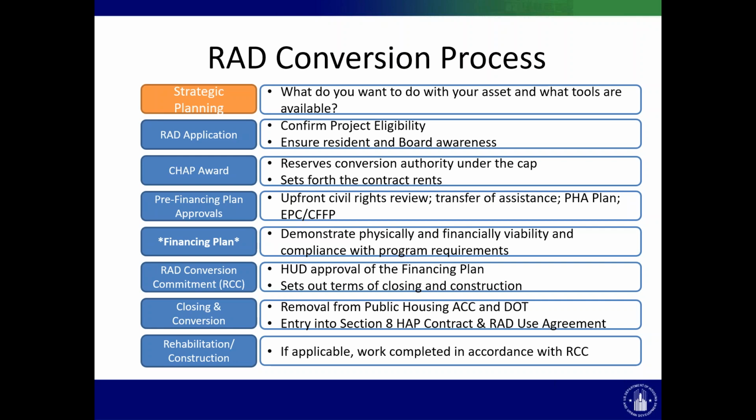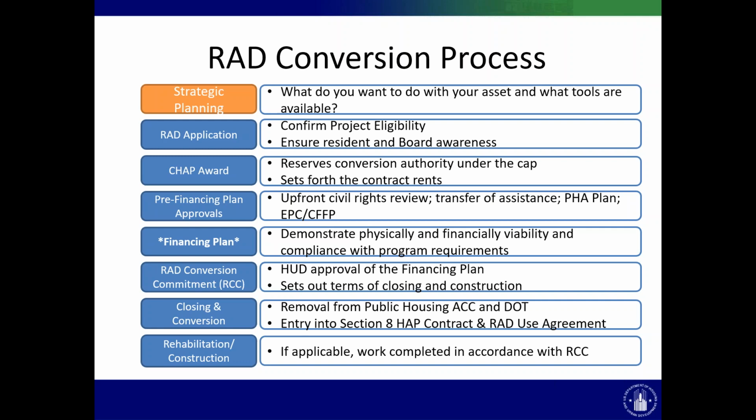We have a few other minor eligibility requirements that you should review in the RAD notice around very young HOPE VI properties, but the key thing is that the units are under public housing ACC. The other purpose of the RAD application is to ensure that the PHA has informed residents and the board of its conversion plans. So HUD receives the application.